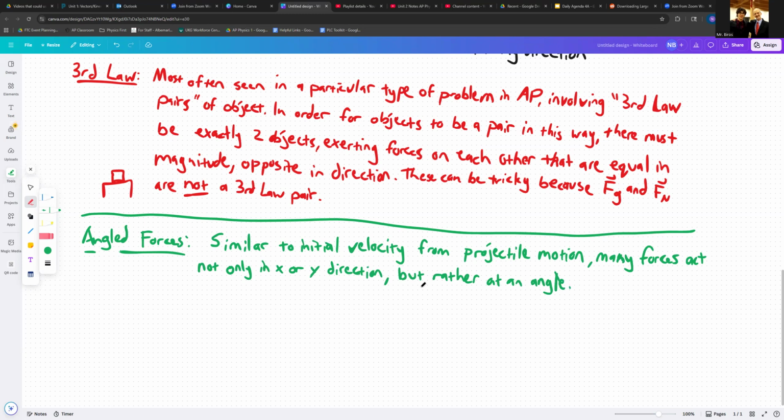We'll kind of break them down and see what we can do with them. All right. When this is the case, we use our knowledge of vectors in trigonometry to find the components of those forces.